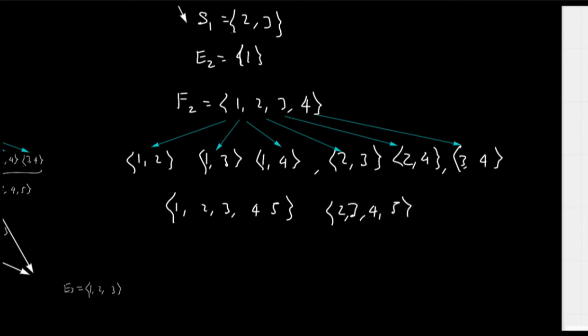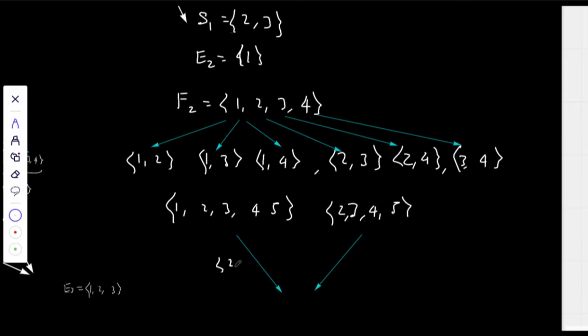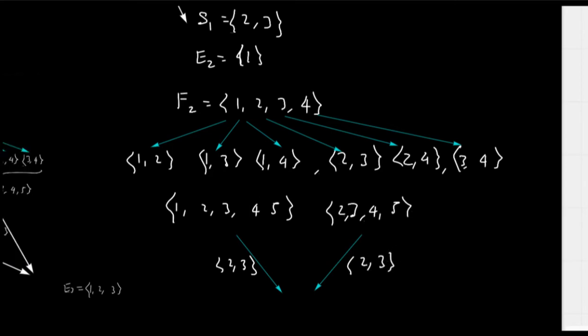So among these, what will the common function be? If you see over here, we take this situation, that is 2, 3, and for this also 2, 3, right? So that's the common quotient.